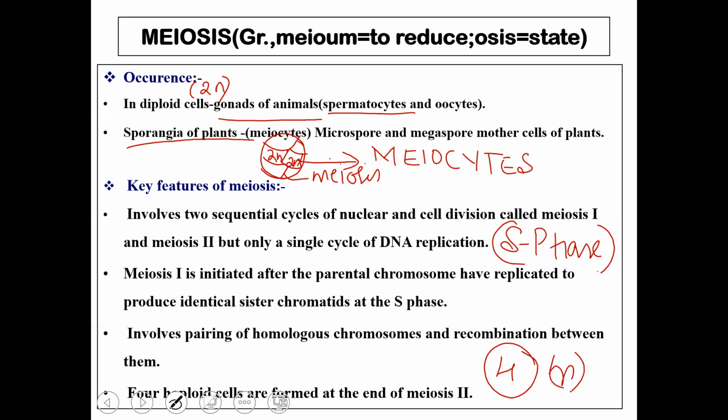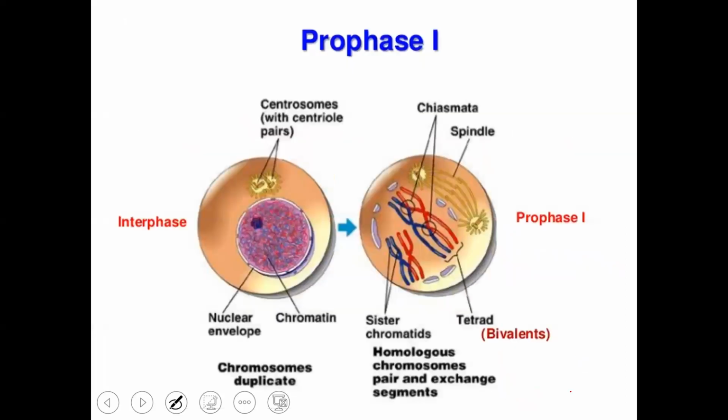Now let's go ahead and look into each and every phase. So this is prophase 1. Prophase 1, in the case of meiosis 1, is a complex and the longest phase, which is further divided into five important substages based on the chromosomal behavior.